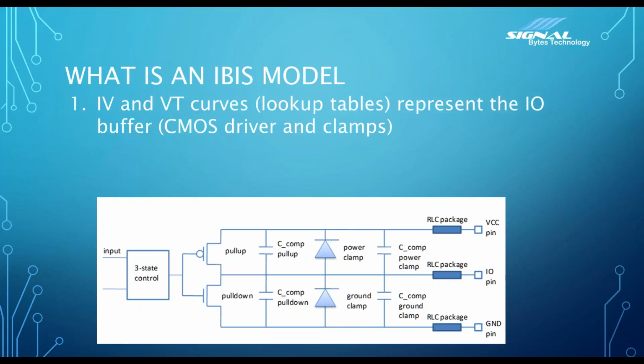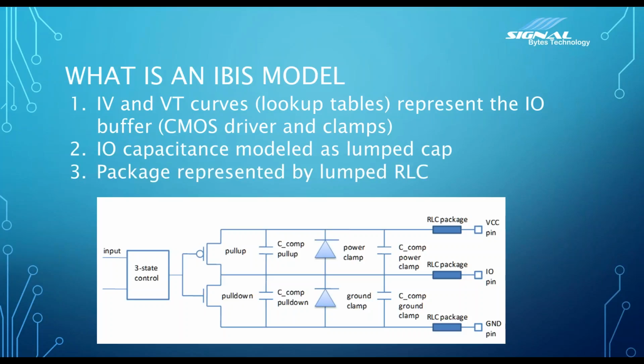The IV and the VT curves are more like lookup tables. Remember, IBIS is a behavioral model, and this really represents the I/O buffer, so it's a good replacement for a SPICE model. There's also an I/O capacitance associated with the model, whether it's an input or an output model. And then again, we've got a simple RLC for the package model.